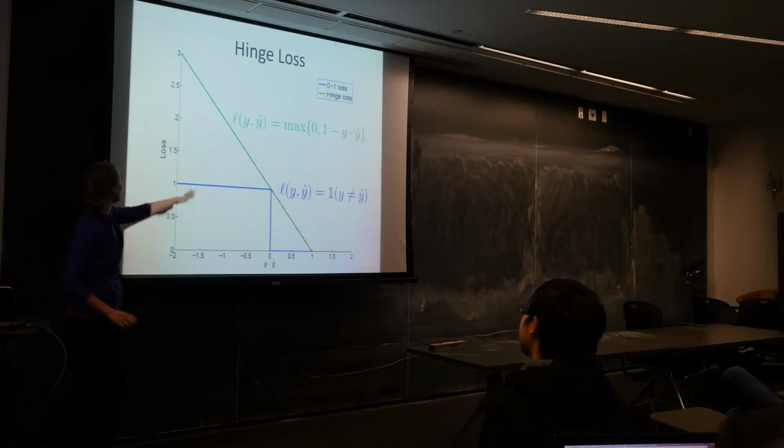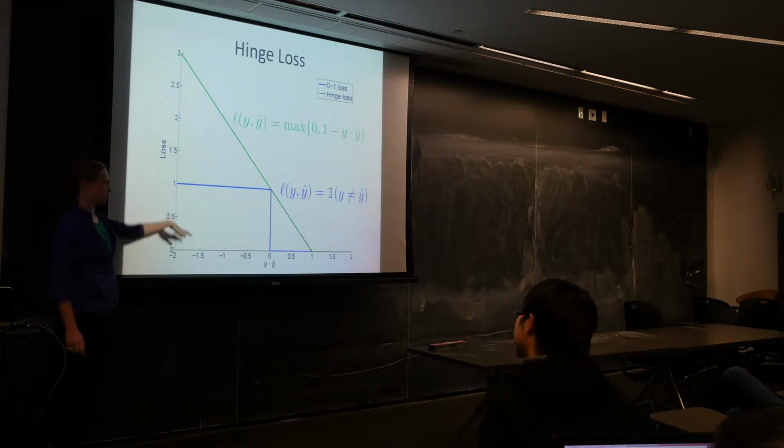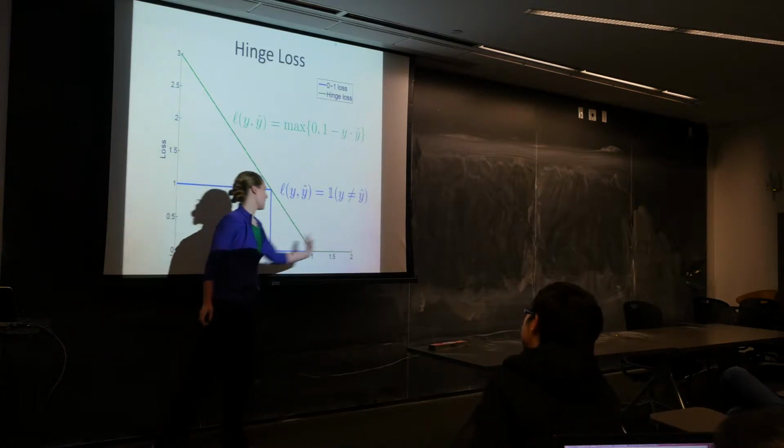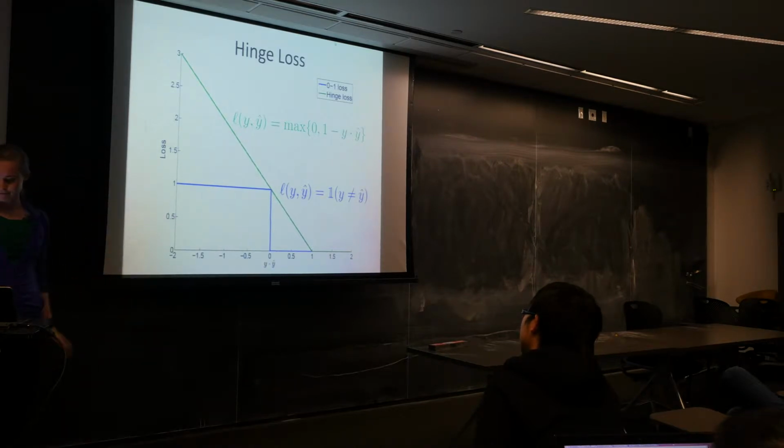Here, if you're way off, it gets much higher than the 0, 1 loss did. And then as long as it's right, it doesn't care if it's right or really right, you get 0 loss either way.